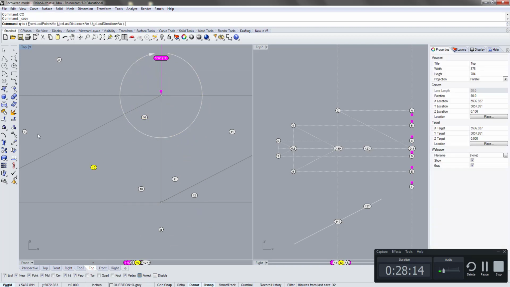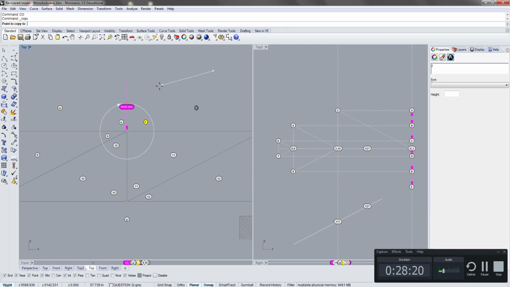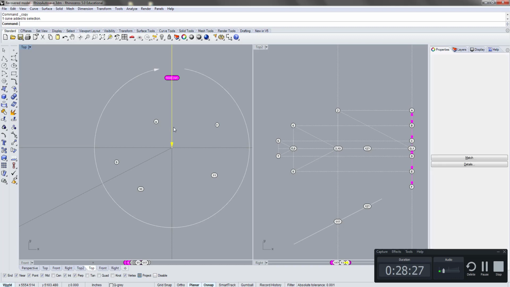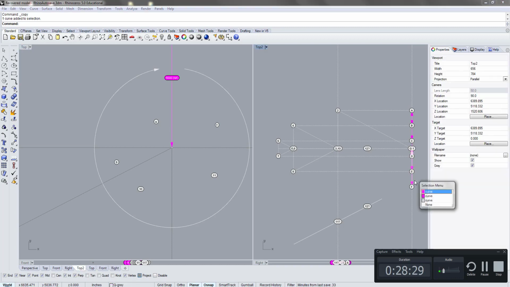So that's zone G, zone 10, zone 9, zone E, zone F, zone 11, right? So now we do have EF, which is here.